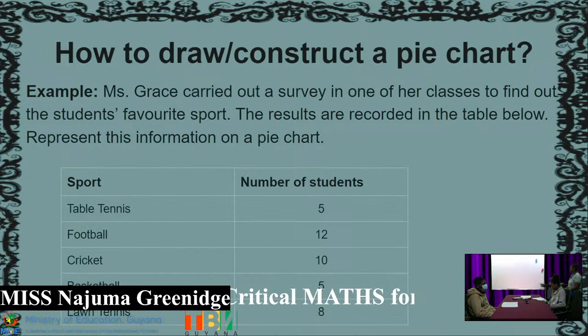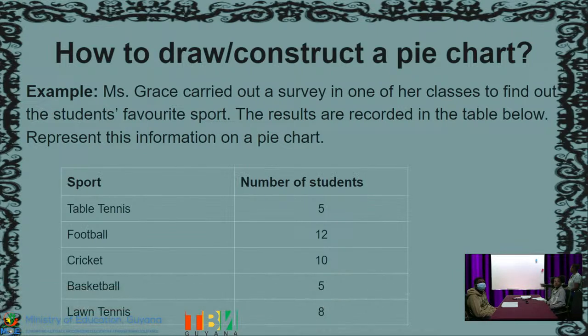For the different sports, we have table tennis, 5 students. Football, 12 students. Cricket, 10 students. Basketball, 5 students. And lawn tennis, 8 students. That is the data that was gathered.